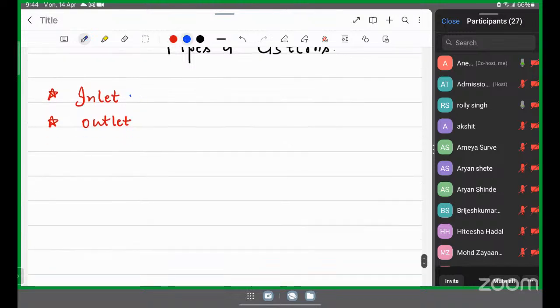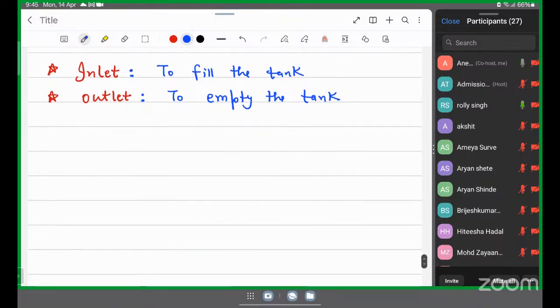So we can simply write it here: this is to fill the tank, and this is to empty the tank. The concept will be the same as we were doing in time and work. We will convert it into 1 unit time and then we will simplify the question.